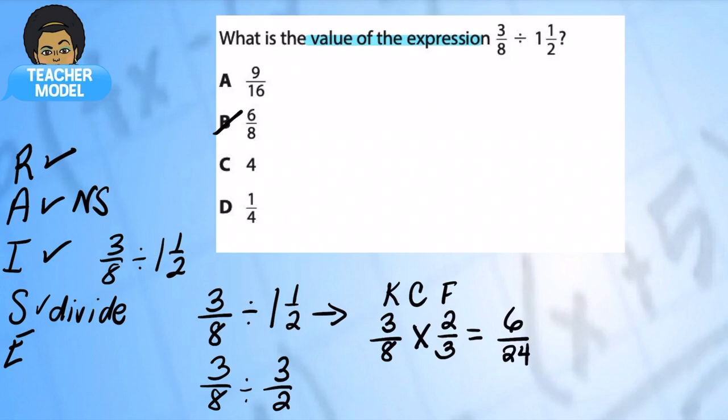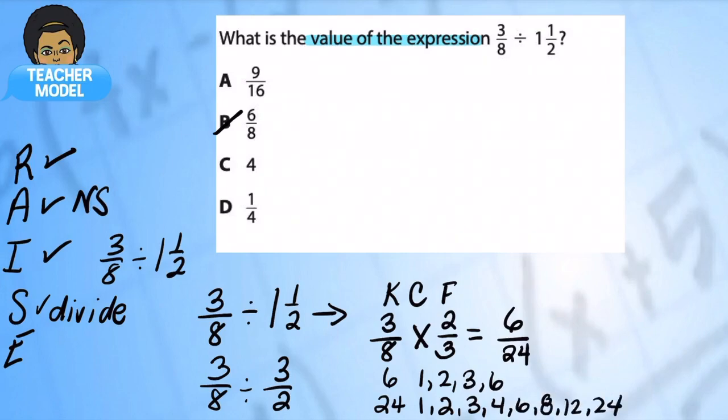So let's use our common factors of 6 and 24. 1, 2, 3, and 6. 1, 2, 3, 4, 6, 8, 12, and 24. And we have the 1 in common, the 2 in common, the 3 in common, a lot of them, and the 6 in common.